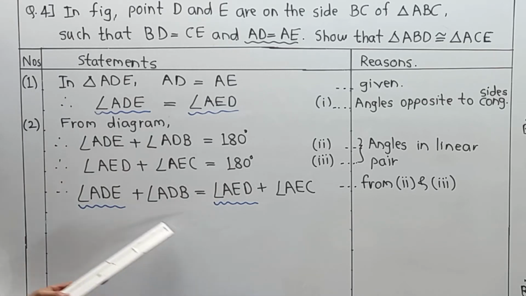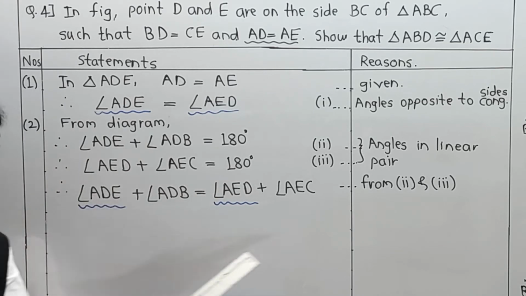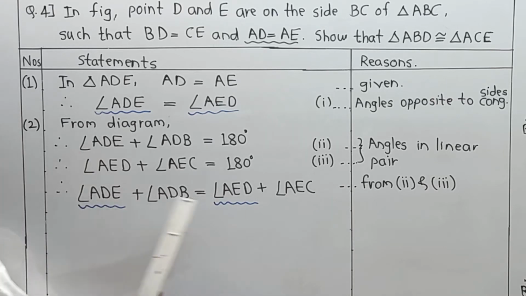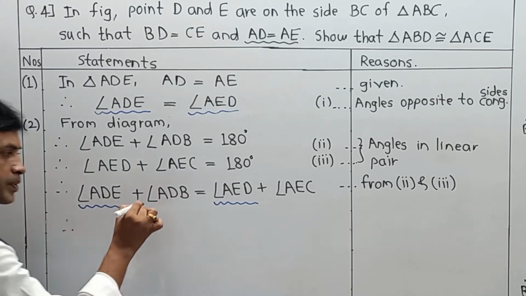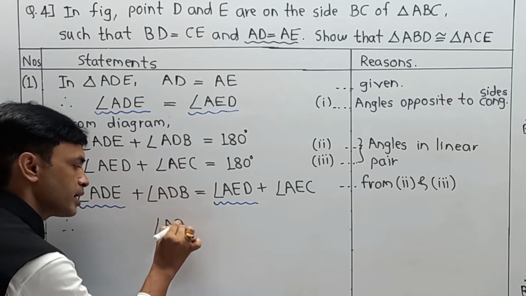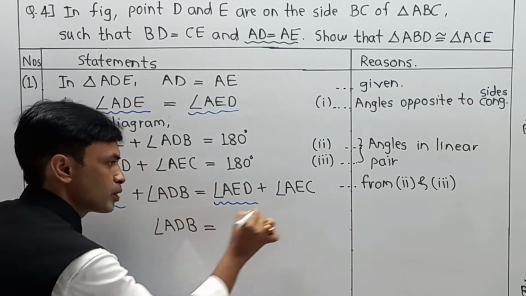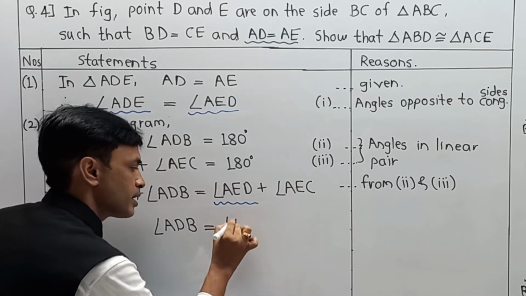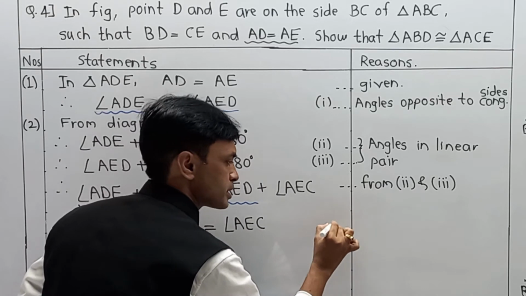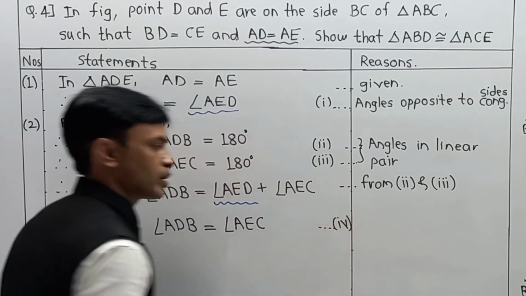If I shift this value over here, it becomes minus, or if I shift this value over there, it becomes minus, and they cancel each other. So cancelling the common addition values and writing the remaining part, our equation in modified form becomes: therefore angle ADB is equal to angle AEC, and I am going to call this equation number 4.